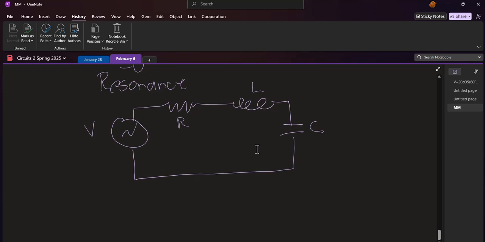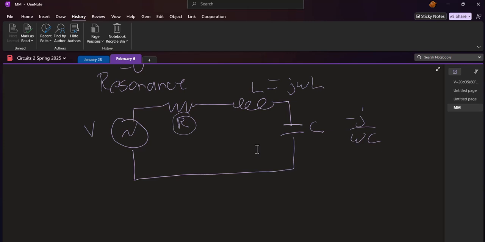So the resonant frequency will be when the imaginary part of my impedance is 0. This is in series, so this becomes j omega L, and this becomes minus j over omega C. R remains R, and V is whatever phasor it is.